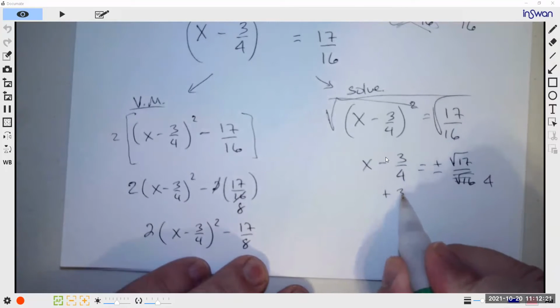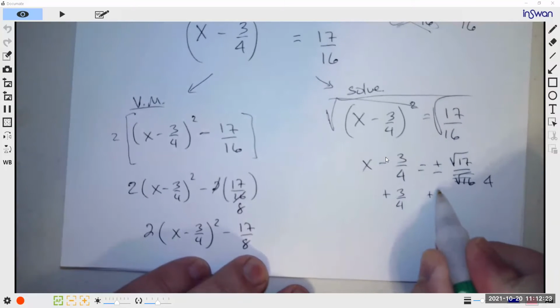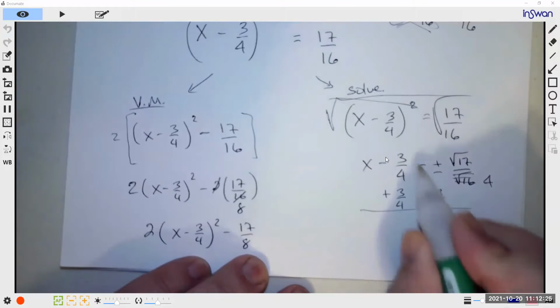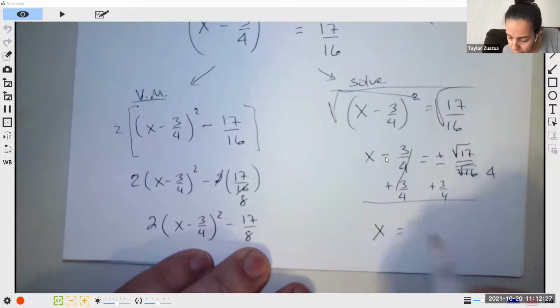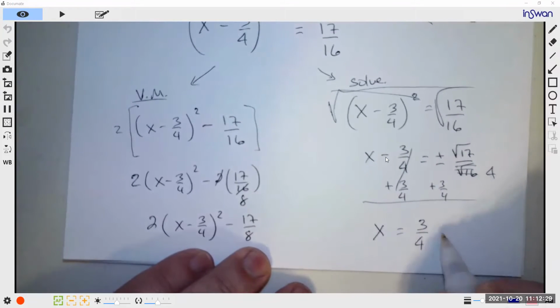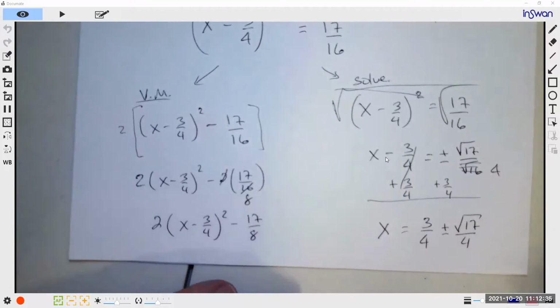So we add 3/4 to both sides. x equals 3 over 4 plus or minus the square root of 17 over 4.